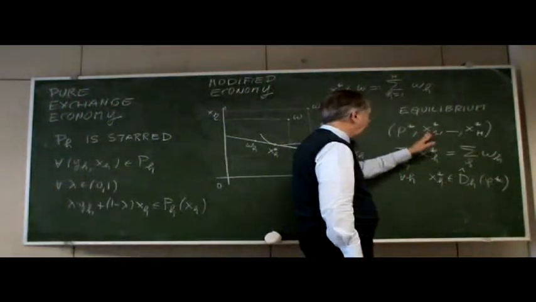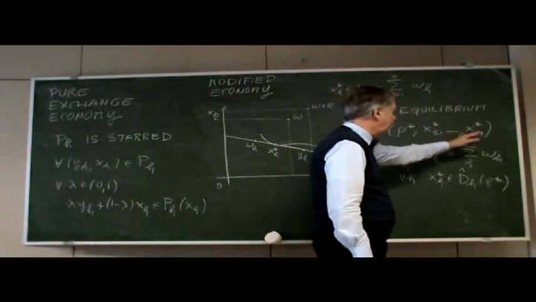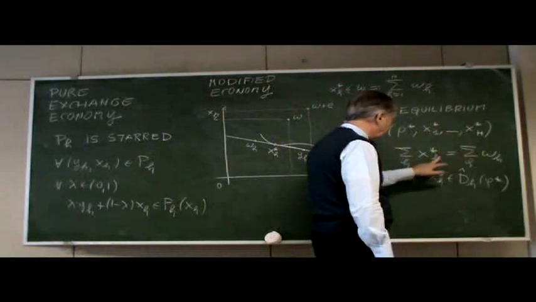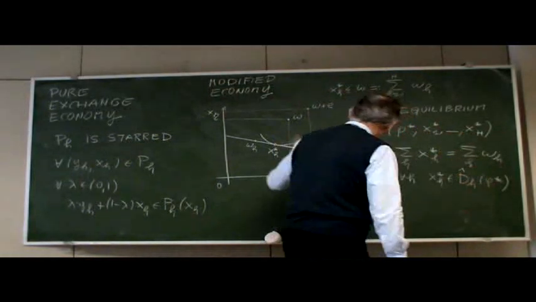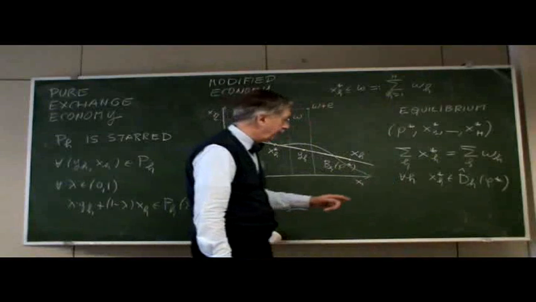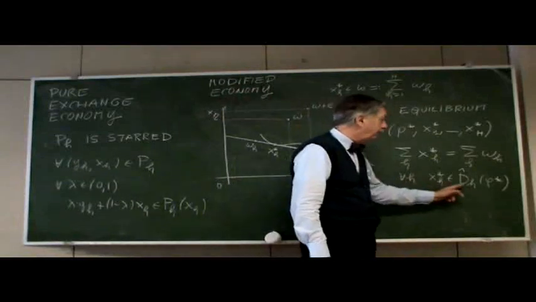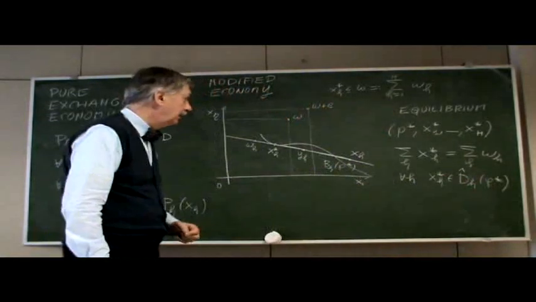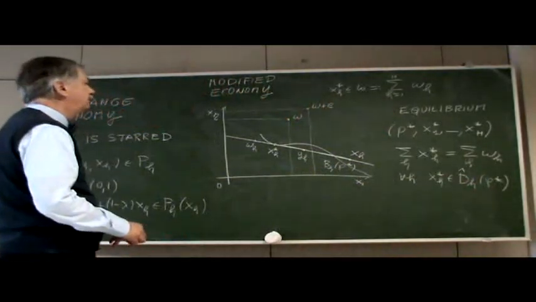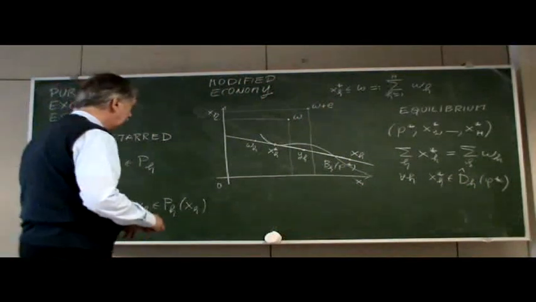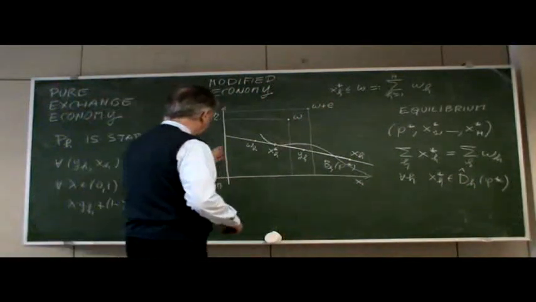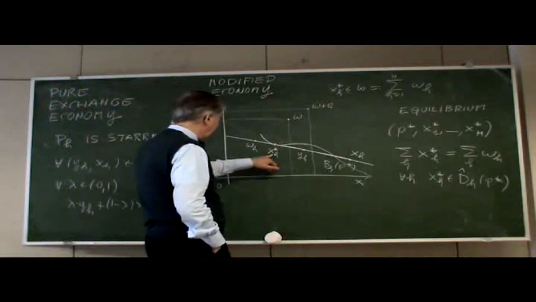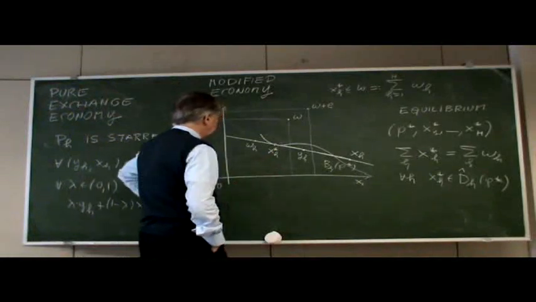Vector P star, X star 1, etc., X star H, such that the total consumption is equal to the total endowment, pure exchange economy, and for every subject, X star H is optimal with respect to the modified demand correspondence. So, for example, look at this graphic. The optimal point is X star H.